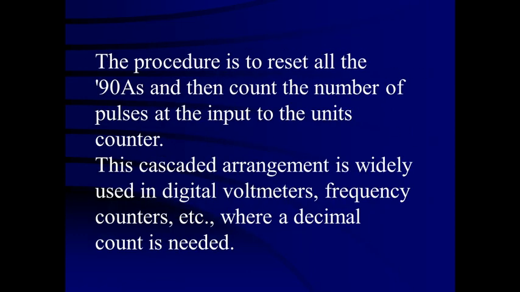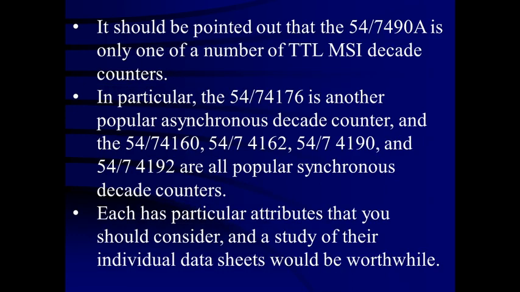So, the procedure is to reset all the 7490s and then count the number of pulses at the input to the unit counter. This cascaded arrangement is widely used in digital voltmeters, frequency counters, etc., where a decimal count is needed. So, this counter is very important.